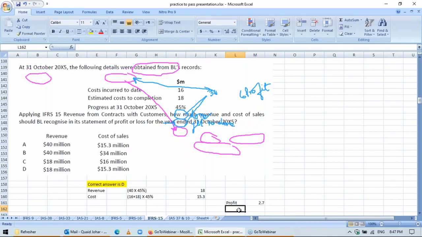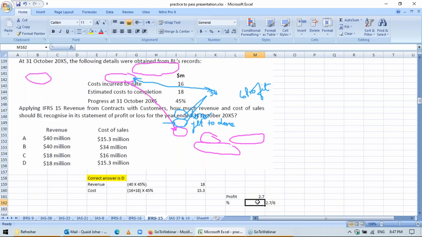Now you can divide and check the percentage. 2.7 divided by the 6 million profit gives you 45%. So revenue and cost are both 45% and the profit is also 45%, right? So that's the correct answer.